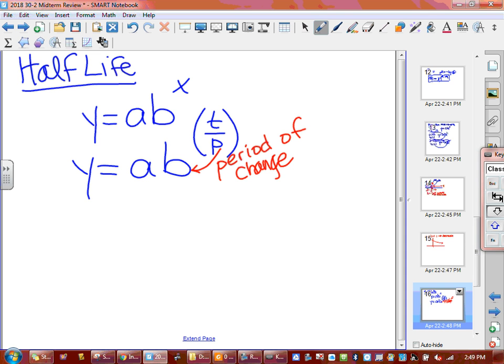Okay, whereas B is often known as the rate of change, because it controls the increase and decrease.